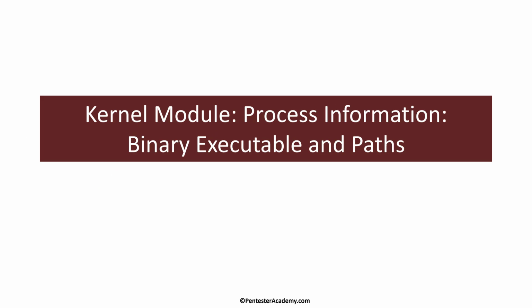Now in this video, we will continue our exploration into process information and look at how we can figure out the binary executable and other associated paths of a given process.